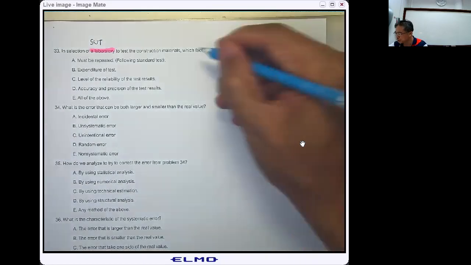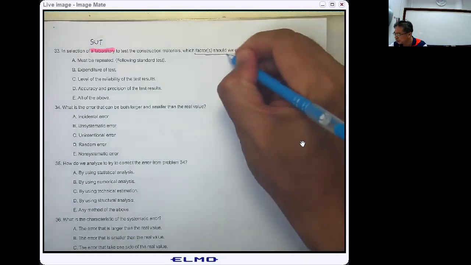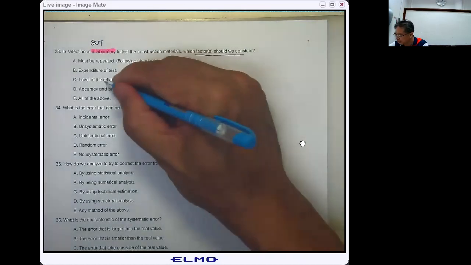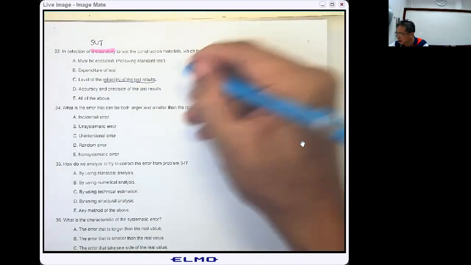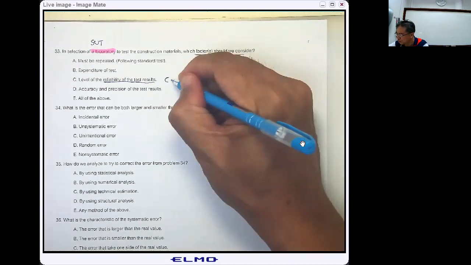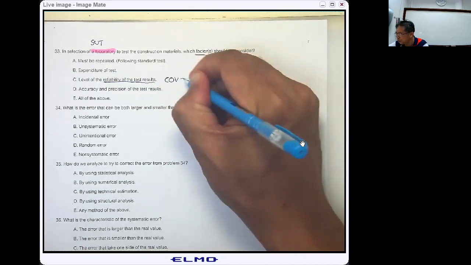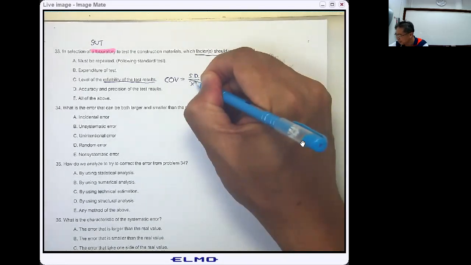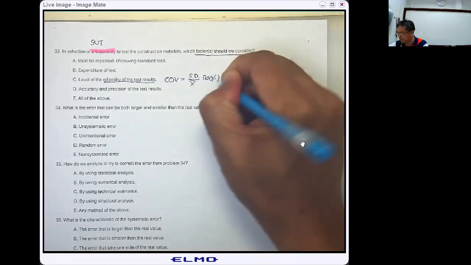Which factor should we consider? We're going to consider the reliability of the test. When we check for the reliability of the test, we check for the coefficient of variation, which is the standard deviation divided by the mean times 100%.